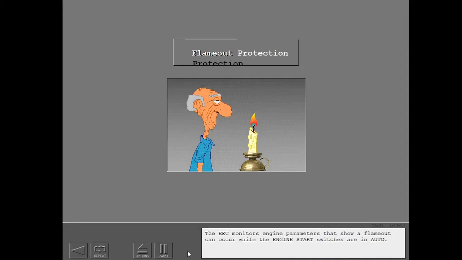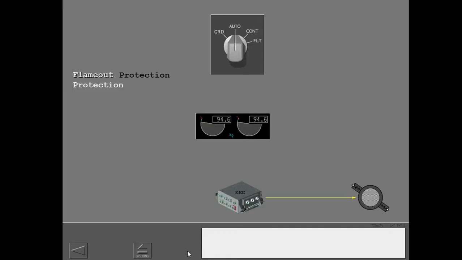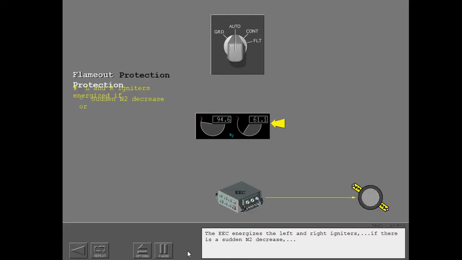The EEC monitors engine parameters that show a flameout can occur while the engine start switches are in auto. The EEC energizes the left and right igniters if there is a sudden N2 decrease or N2 is below 57%.